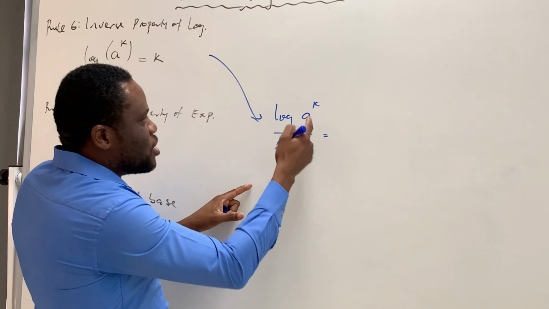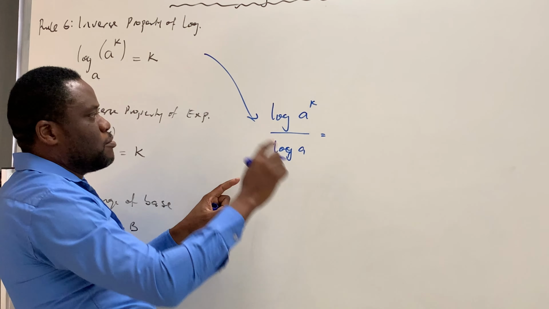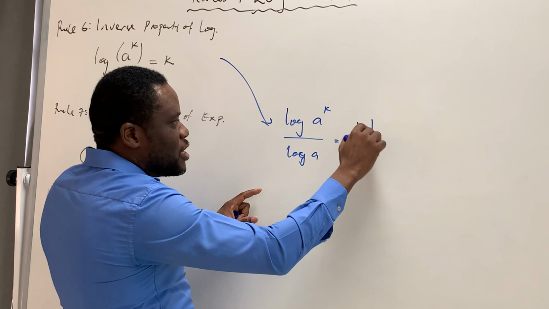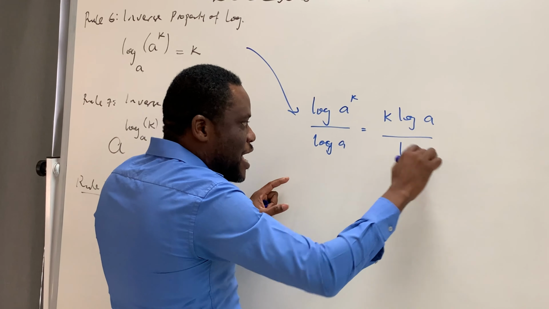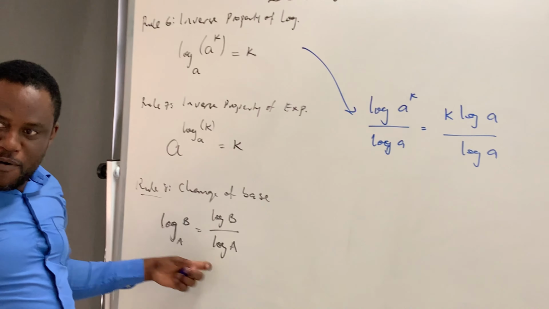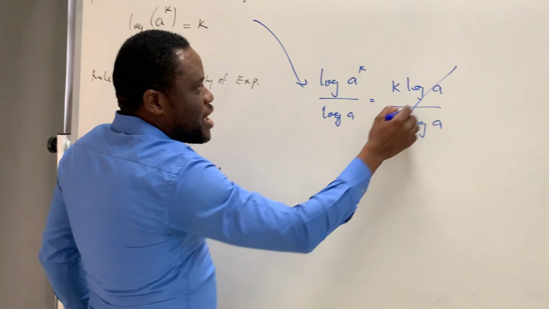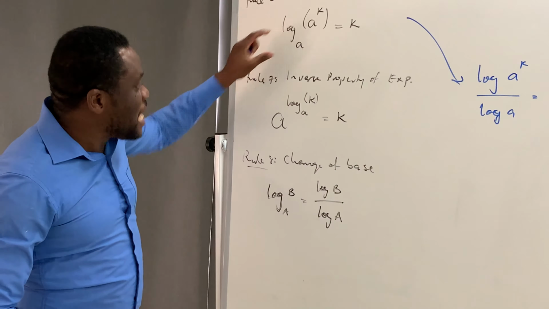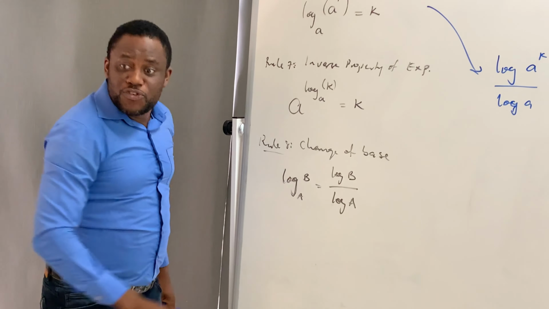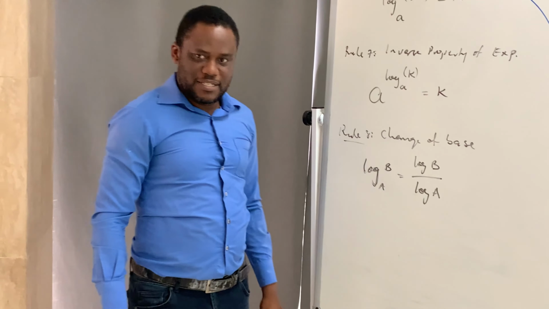And the power goes to the front according to the power rule. We have k log a divided by log a. Log a cancels log a. What is left is k. You see, this guy is proved by change of base.